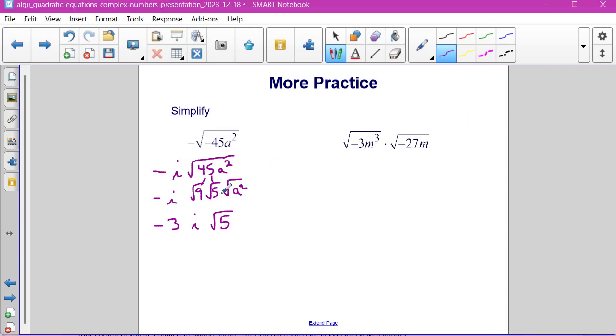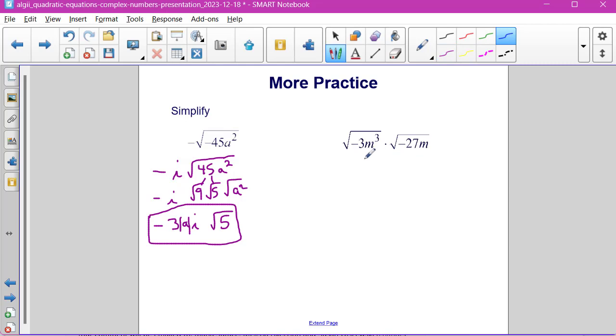And since we are going from a positive a squared value, and it's even as the exponent, to an odd exponent, we need to bring the a out inside of the absolute value. So we have negative 3 times the absolute value of a times i times the square root of 5 as our final answer in this problem.